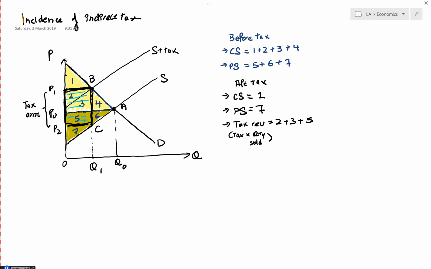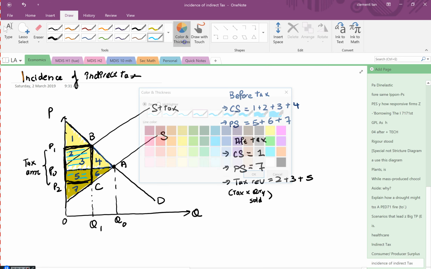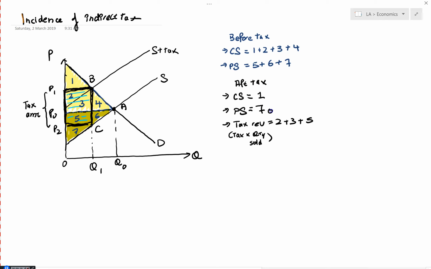Okay, you can say it's area 2, no problem. If you say it's area 2, then it will be similar to tax revenue also. You can say area 7 or area 2. Both will be the same.